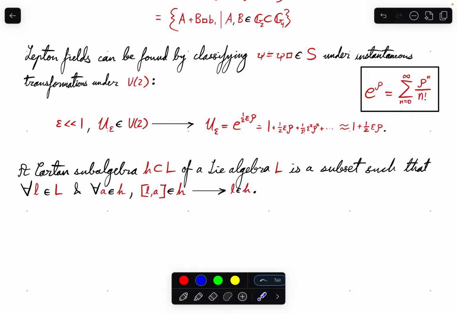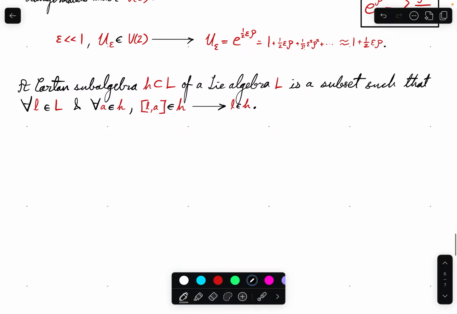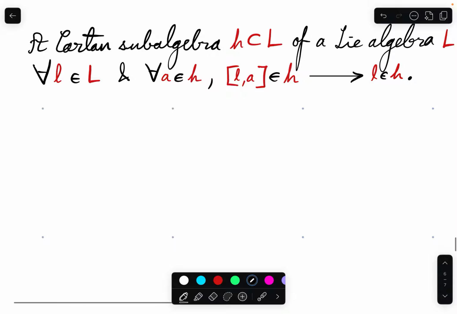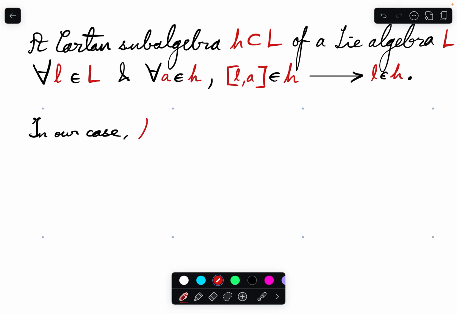I'm not going to prove what the Cartan subalgebra is, but elements of the Cartan subalgebra in our case, the Cartan subalgebra is the span over rho naught and rho 3.